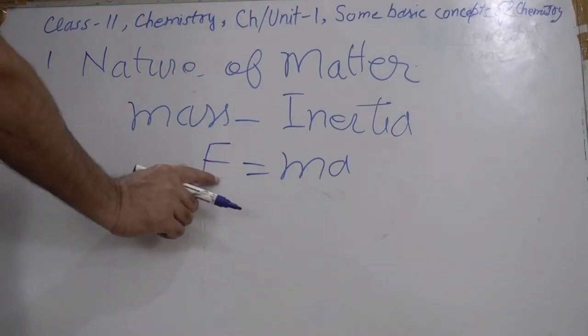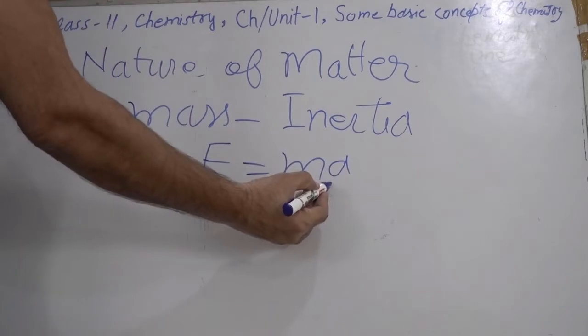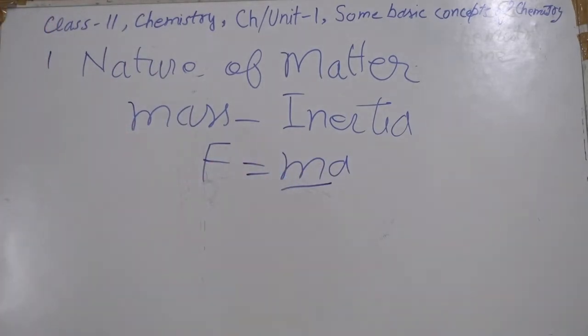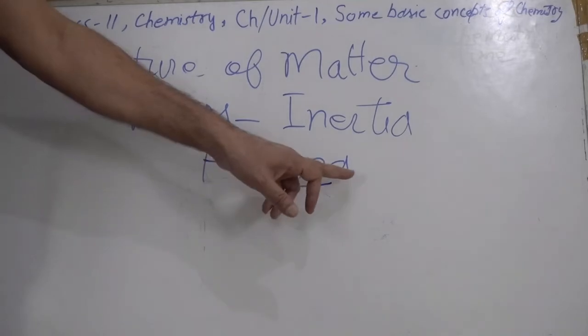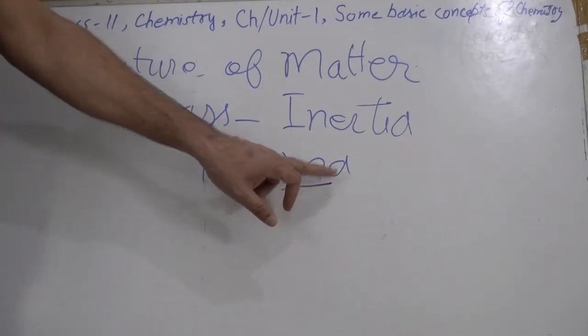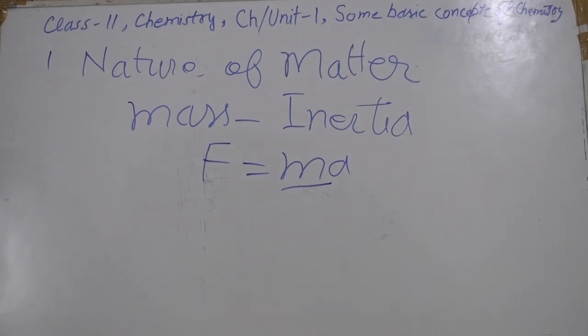If we know the force and the acceleration, we can come to know the mass of the body in which acceleration a is produced, and the mass thus calculated is termed inertial mass.